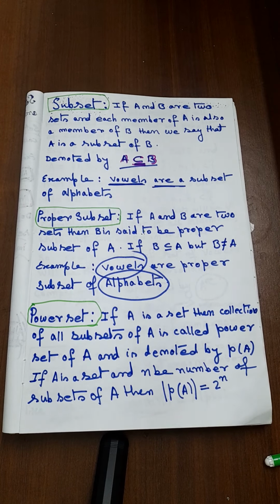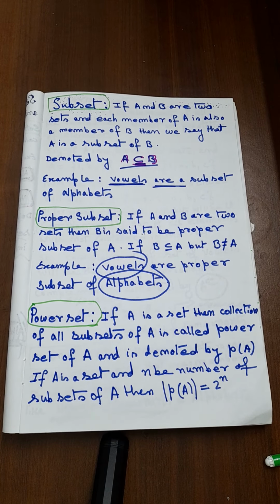If A is a set, then the collection of all subsets of A is called the power set of A and is denoted by P(A).